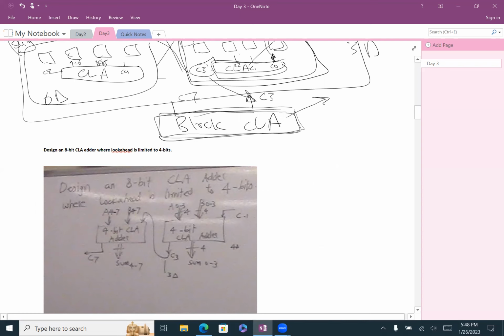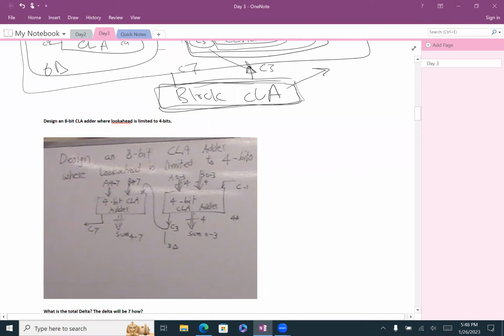How many blocks now? The block carry ahead. Okay, what's the input to that? Because you have to equate. When we do the equation, you will see the maximum gate will have 5 inputs. Okay, now we will see it. So it's not going to be a problem.